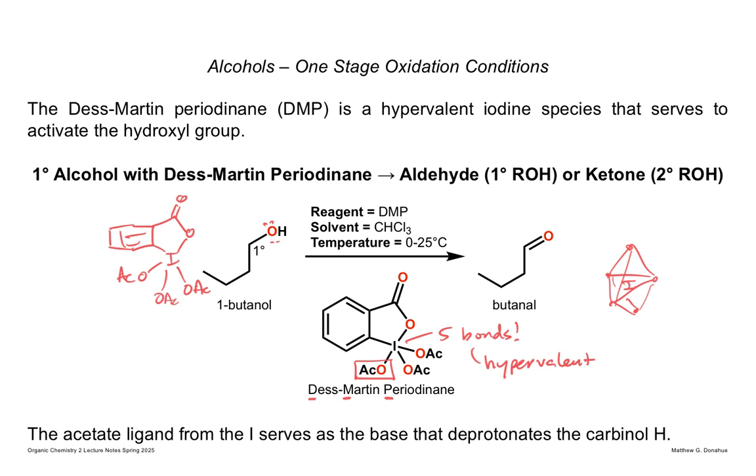So oxygen has 2 lone pairs. We can see that the iodine itself is in a pretty high oxidation state, and it wants to get rid of one of those acetates, so that's like an SN2 reaction, and that's what will activate the OH group.